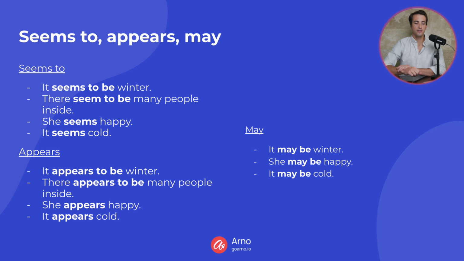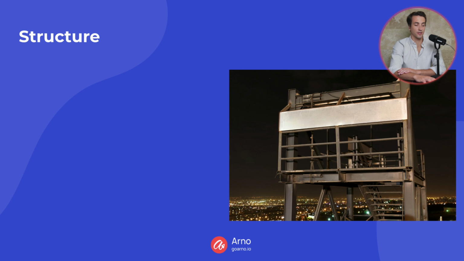Okay, so these words which express uncertainty are very useful for picture description, but they are complicated, and so the likelihood that you make a mistake is higher than for the other vocabulary that we've looked at in this course. So just be careful with these words and make sure that you practice with them and know how to use them confidently.